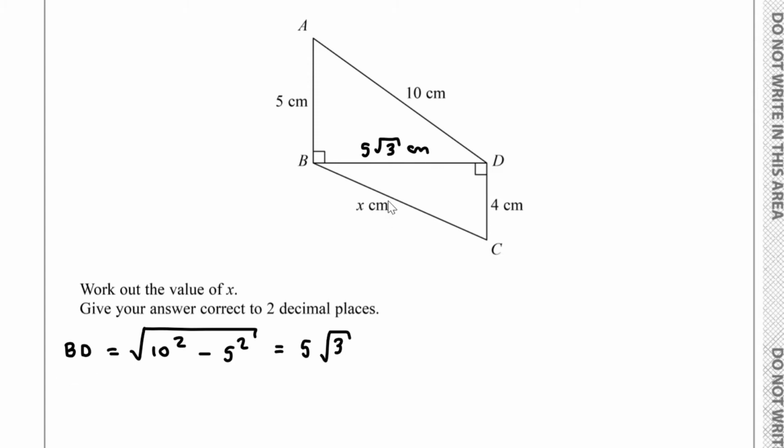We can now find out x using Pythagoras. X is equal to 4 squared plus 5 root 3 squared, square rooted.